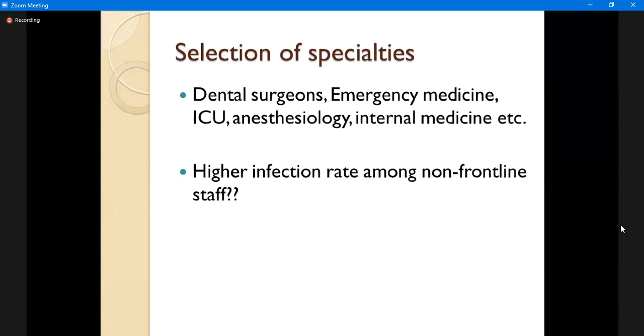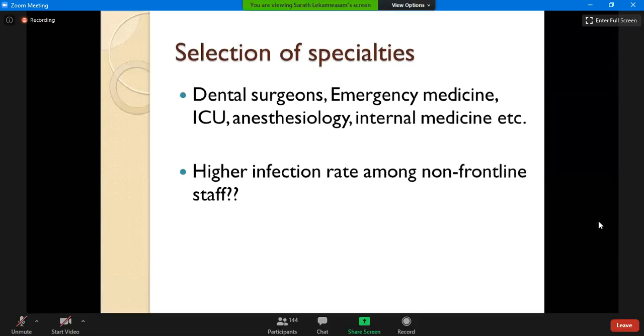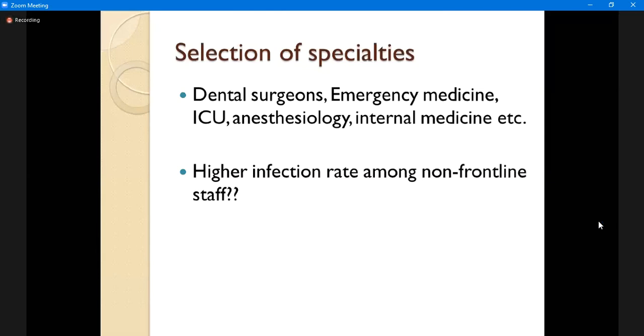Now, the selection of specialties, how does it apply to you? Dental surgeons, emergency medicine, people who are in emergency medicine and ICU, anesthesiology, internal medicine. This is the kind of list that I could think of. I'm sure there are other people as well. And think of people who have a fairly high risk of getting infection because they are frontline, they are exposed, so people will have to think: would I do emergency medicine as a career, would I do anesthesiology, or am I going to be an intensivist or something like that.